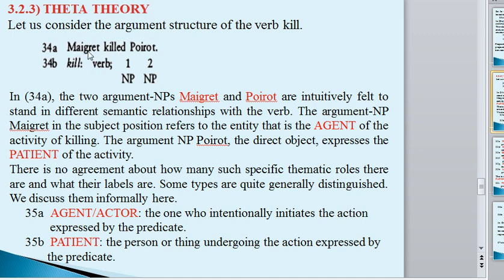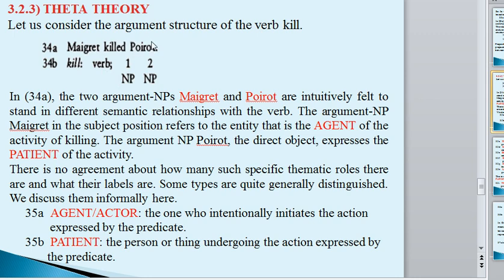We call this subject the agent, the doer of the action. And the argument NP Poirot, the direct object, expresses the patient of the activity. So we call this subject agent and the direct object patient.